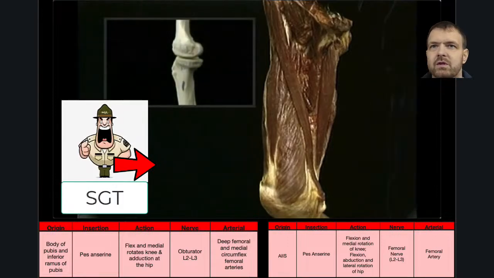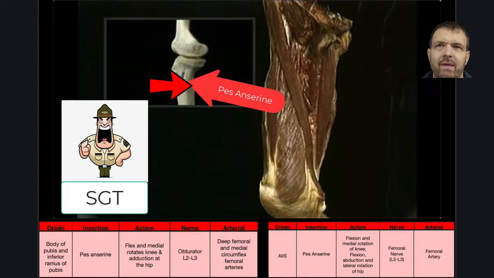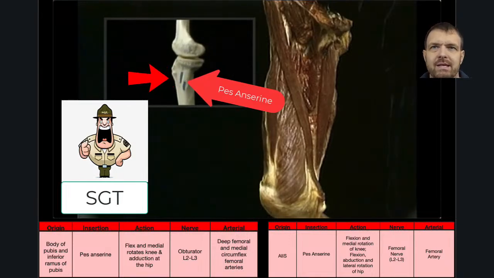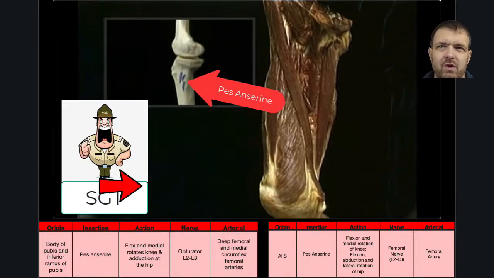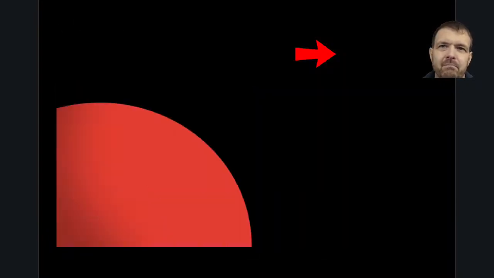So just pause. Oh no, good. So here's your pes anserine group. You've got the pes anserine area on that medial part of the tibia. So sartorius, gracilis, and semitendinosus are all in that area. We're just concentrating on the sartorius and gracilis at the moment, but these form the border.